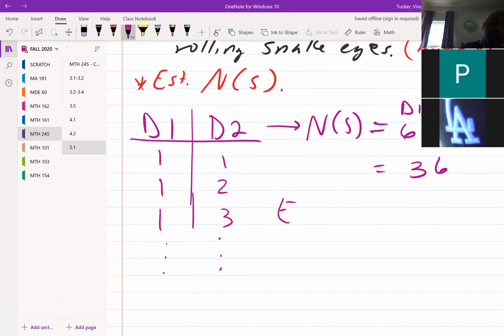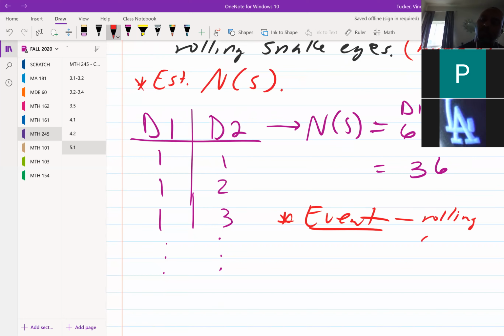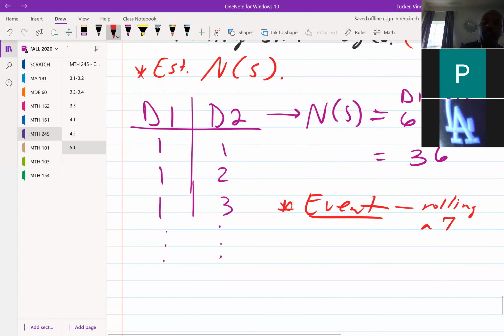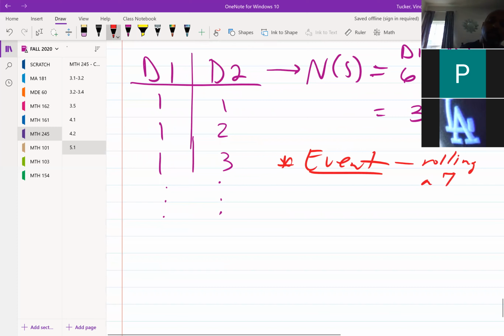Now when I look at my event, rolling a 7, we have to look at all the different ways that a 7 could be rolled.